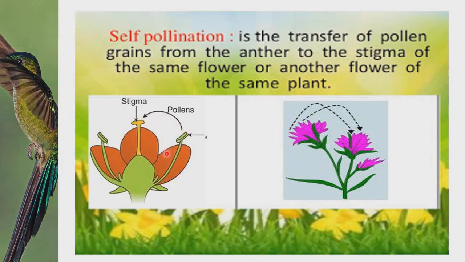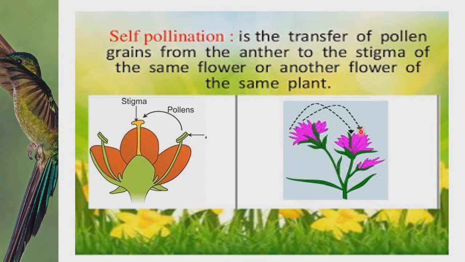If you look at this, you will see that this is a typical flower. The pollen grain is moving from this anther to the stigma of the same flower. This type of self-pollination is what we call autogamy.